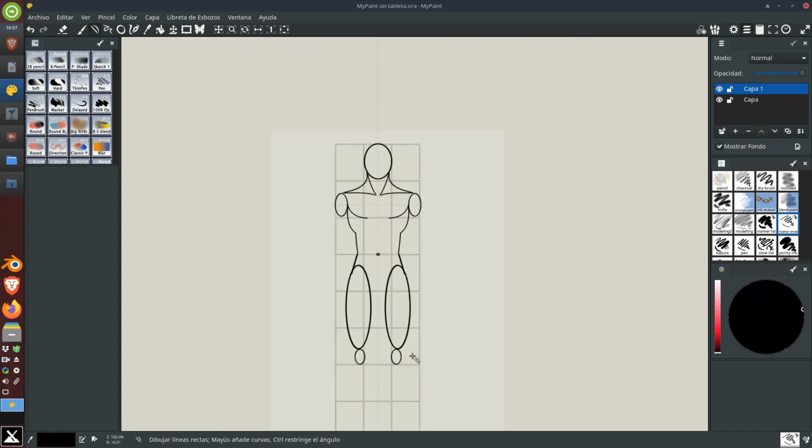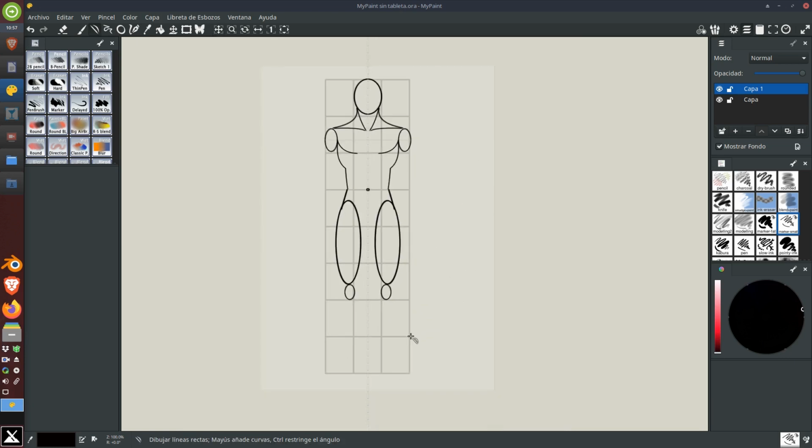and now I just only have to go downwards. I'm going to also draw what is going to be the calves, not here but here in the middle. That's going to be the inside part of the calves, even a little bit in the inside, almost touching each other.